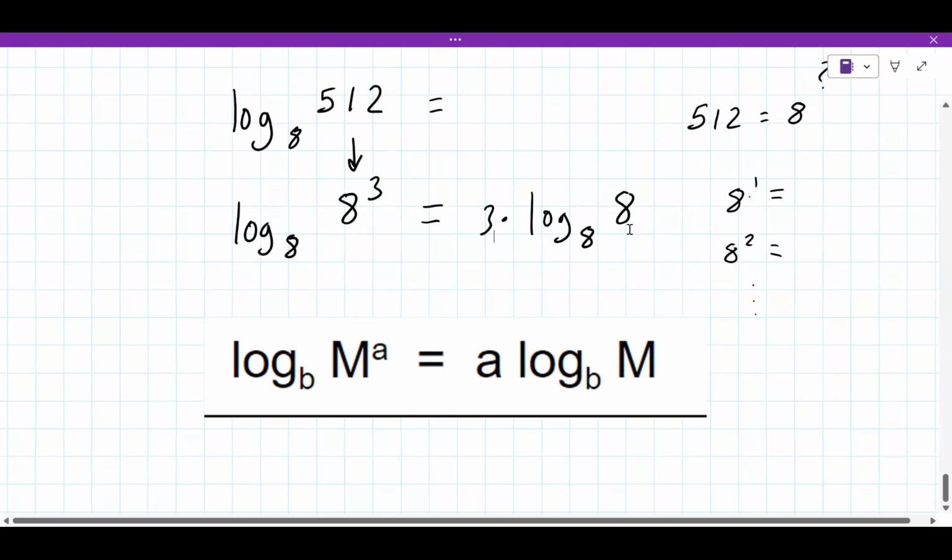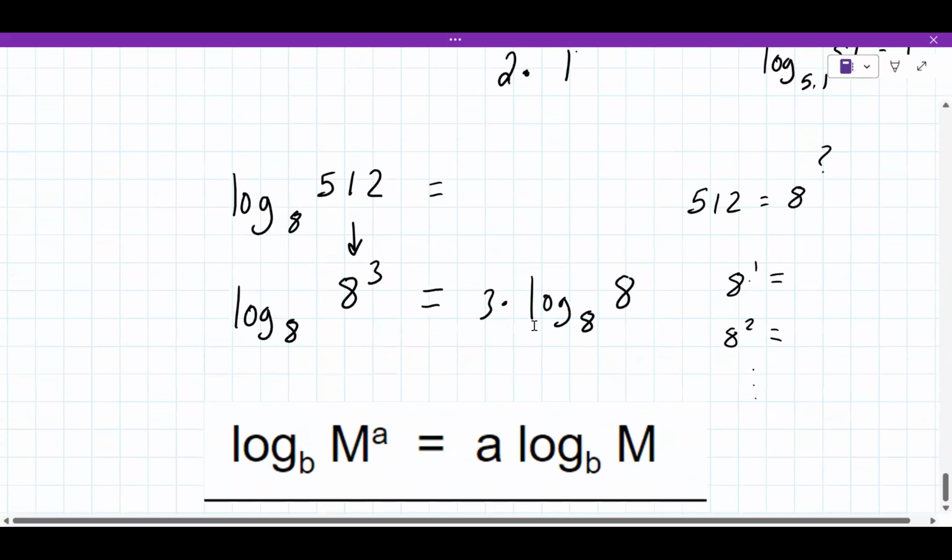Now, what can you do with log base 8 of 8? What does this thing on the right become? Okay, so it's going to be 3 times 8. No, sorry, 3 times 1. Yes.